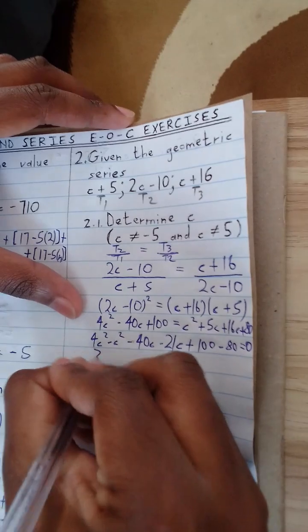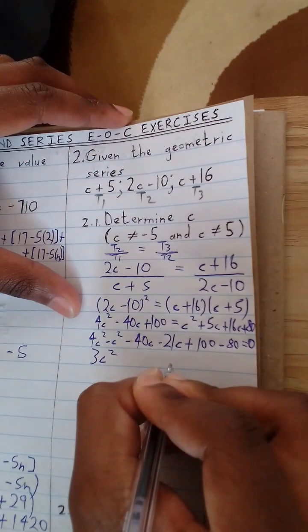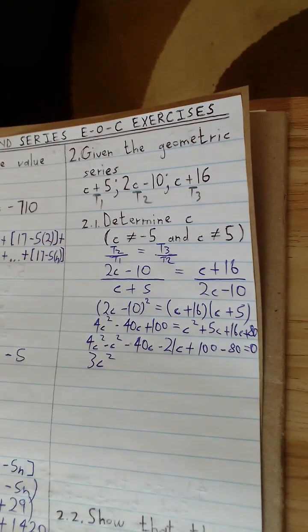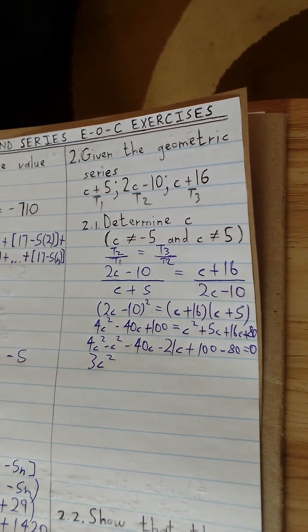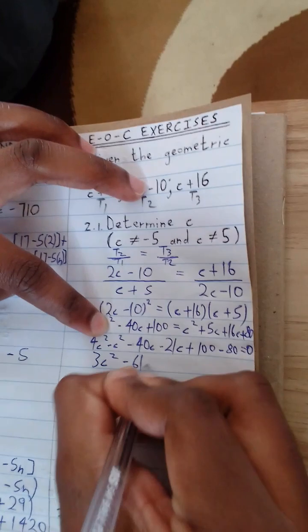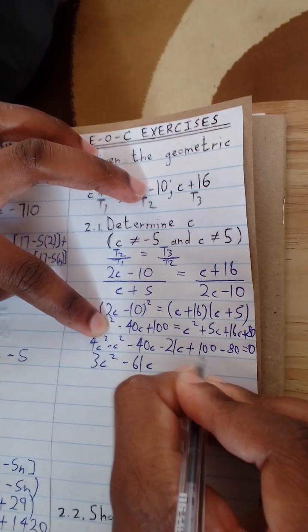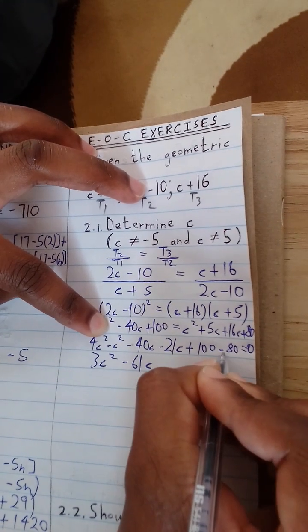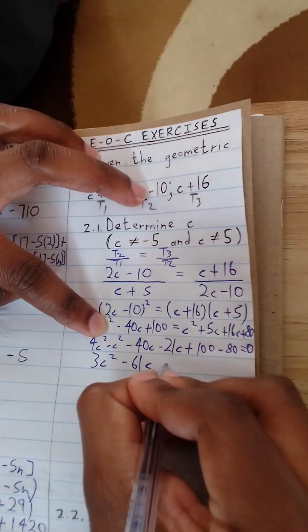Simplify, we have 3c squared. Negative 40 minus 21 is negative 61c. 100 minus 80 is plus 20.